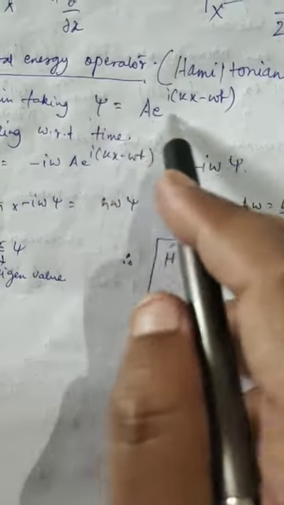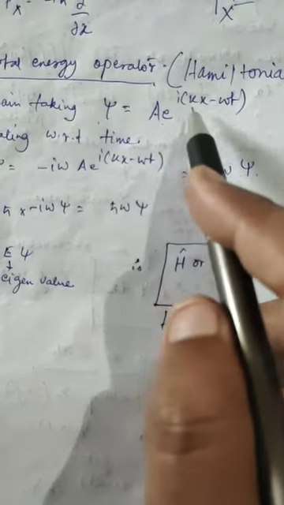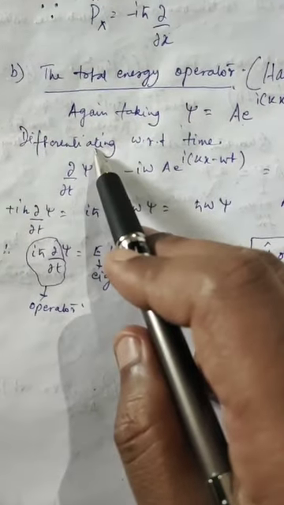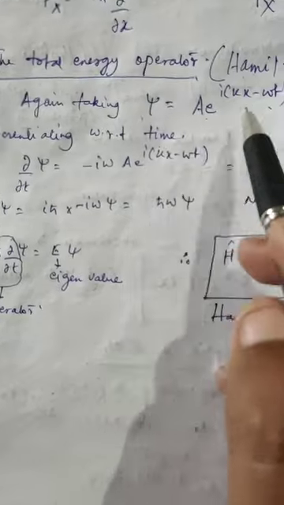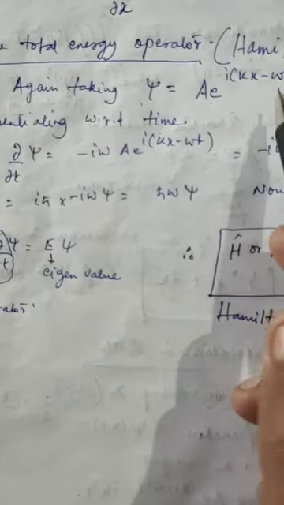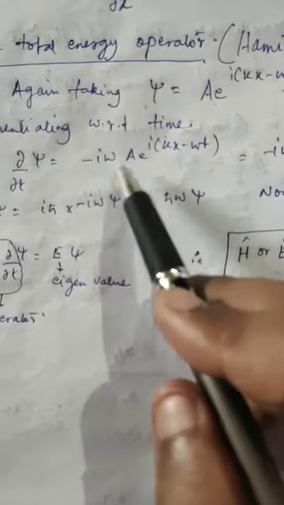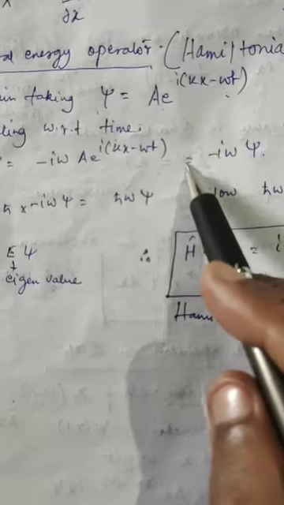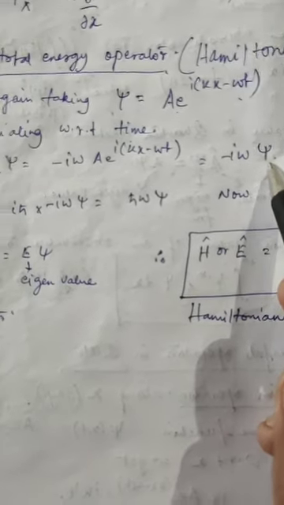So you can see this is a complex quantity. So differentiating with respect to time t, what do we get? d psi by dt is minus i omega out, and this remains the same. So this is nothing but psi. So you have minus i omega psi.